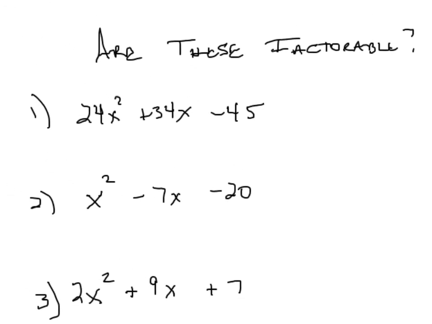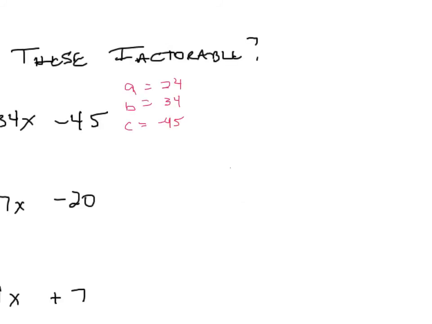So let's take a look at this first one. Here's our A, our B, and our C. So our B squared minus 4AC is going to look like this. 34 squared plus negative 4 times 24 times negative 45. That's 1,156 plus, why did I choose such large numbers?